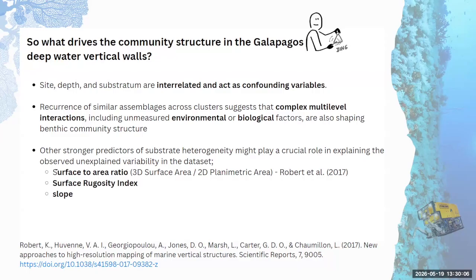In the beginning, we tried to do it by using acoustic 3D mapping, but unfortunately, we couldn't pull that off due to some software limitations. But the next step would be incorporating these variables into the data system and seeing if the fine-scale substrate heterogeneity can answer our question of the unexplained variance in these data sets.